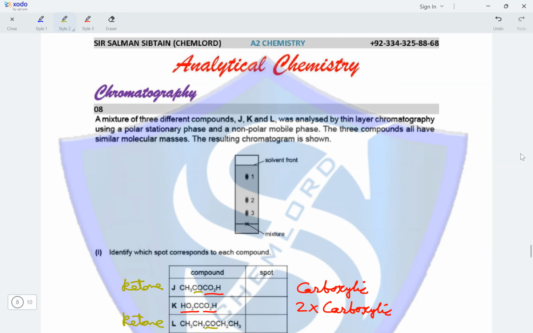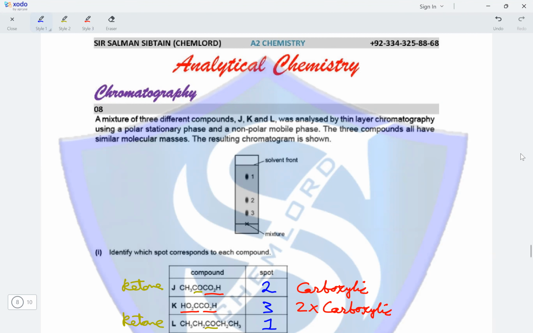So here the role of the non-polar part would be played by ketone, although ketone is polar, or let's call it less polar than carboxylic acid, and the more polar group here would be the carboxylic group. So the one having two carboxylic groups is the one that would travel the least distance. So that would make the one travel to spot 3 as compound K. The one that would travel the greatest distance would be the one without any carboxylic group in it, which would be compound L. And the remaining compound would be the compound in the center, which is compound J.